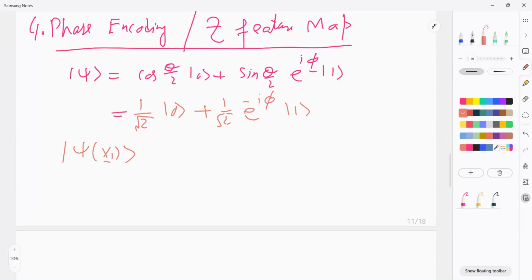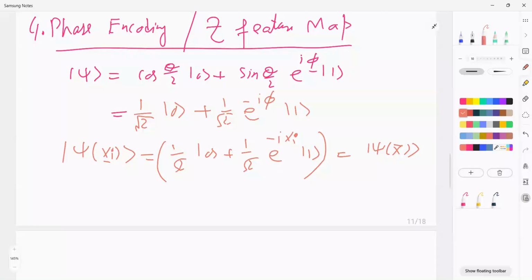The first member of the feature vector gives 1 over square root 2, 0 plus 1 over square root 2 exponential minus iota x1. And similarly, for the ith, it's going to be xi, and the whole state psi of x for the full vector is just going to be the tensor product of all states.